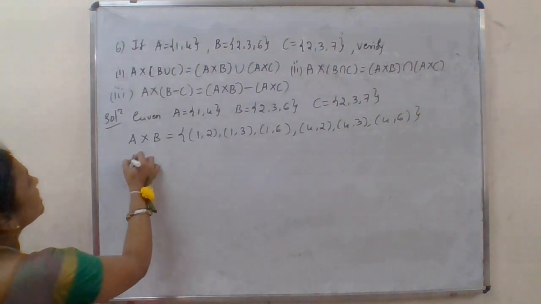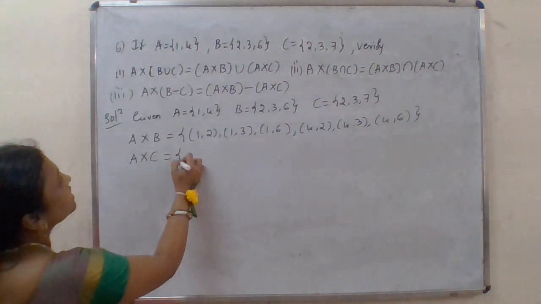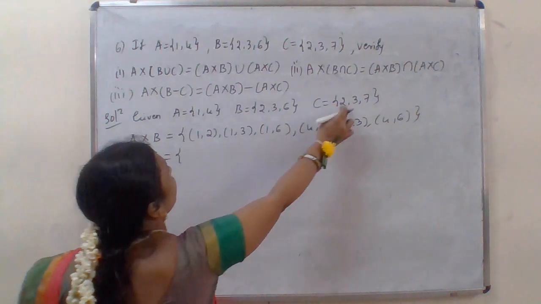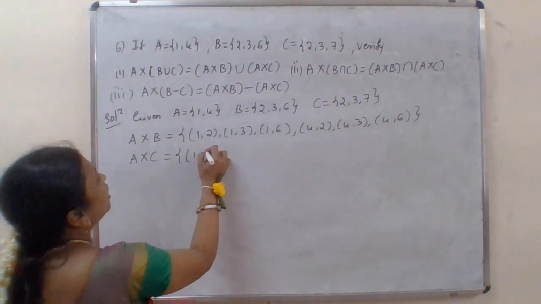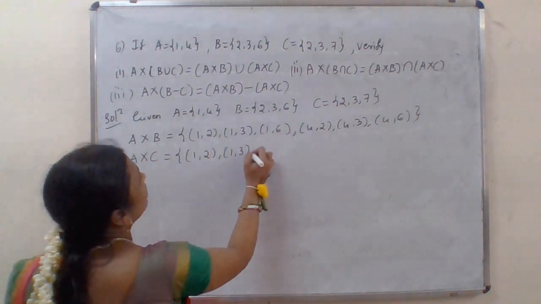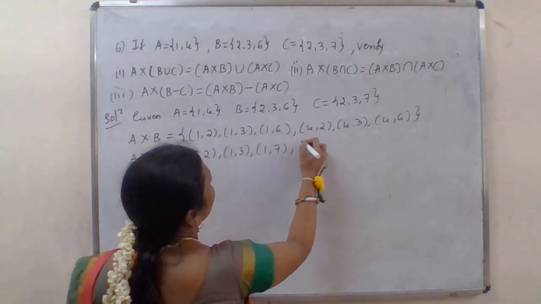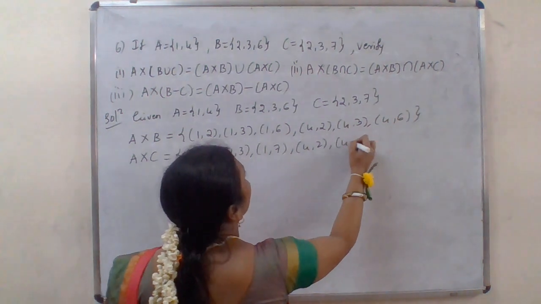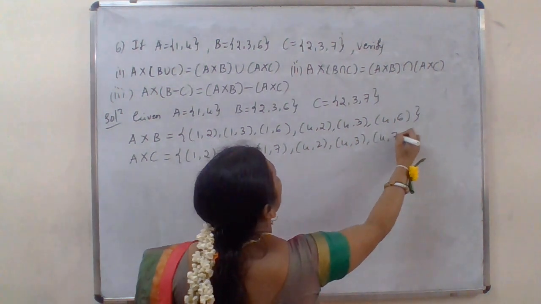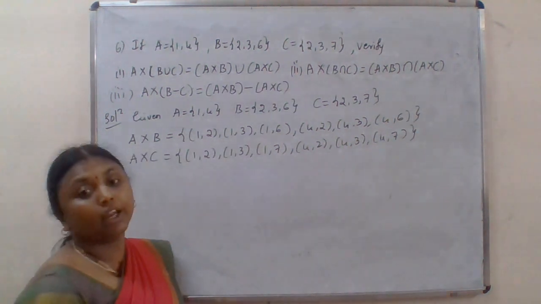Next, A × C is (1,2), (1,3), (1,7), okay, next (4,2), (4,3), (4,7), because this is common for every question.